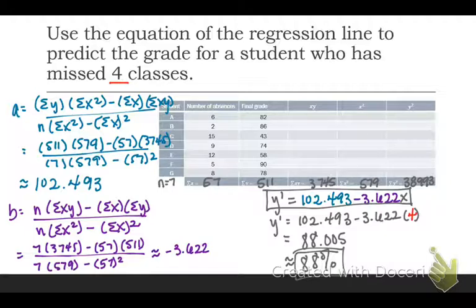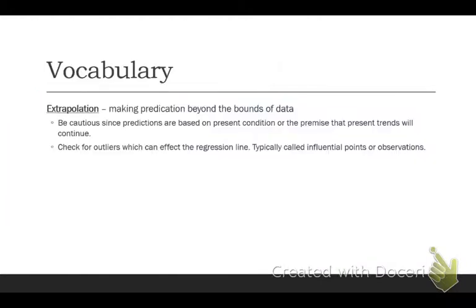All right. So the final piece is going to talk about that previous thing that I said before, which is that we're making predictions within our data points. So it's important to know that extrapolation is the term that we would use for making a prediction beyond the bounds of data.